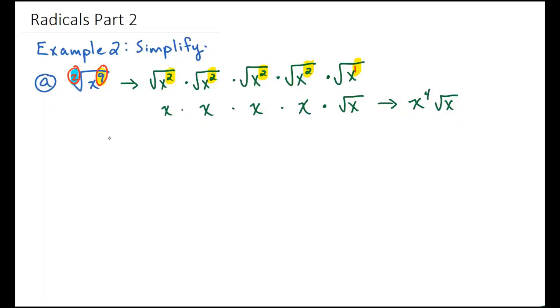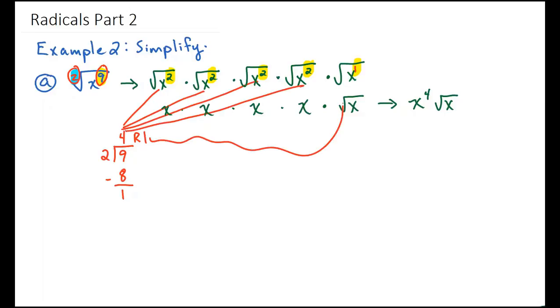So essentially here what I'm doing is taking 2 and dividing it into 9. But we're doing division with remainder. So 2 goes into 9 4 times, which is 8. We subtract those, and that gives me a remainder of 1. You don't have to write all that out, but that's what's happening in your head. So that means I'm going to have these 4 x squareds, and then my remainder of 1.